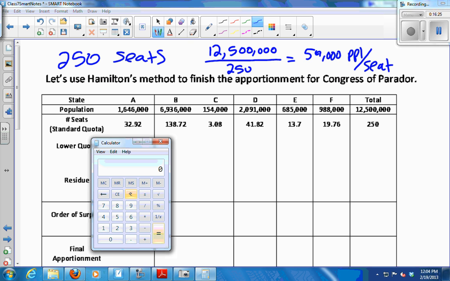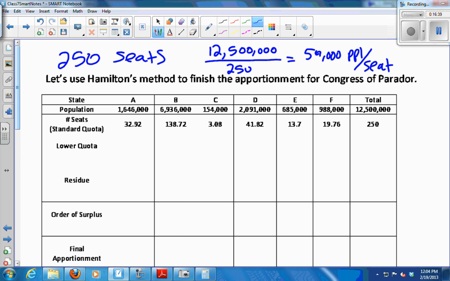You do the same thing for every state. So 6,936,000 divided by 50,000 is 138.72 seats. So those are the standard quotas, the exact number of seats that each state deserves. Then we take the lower quota. We round them all down. Doesn't matter how big the decimal part is, round it down.